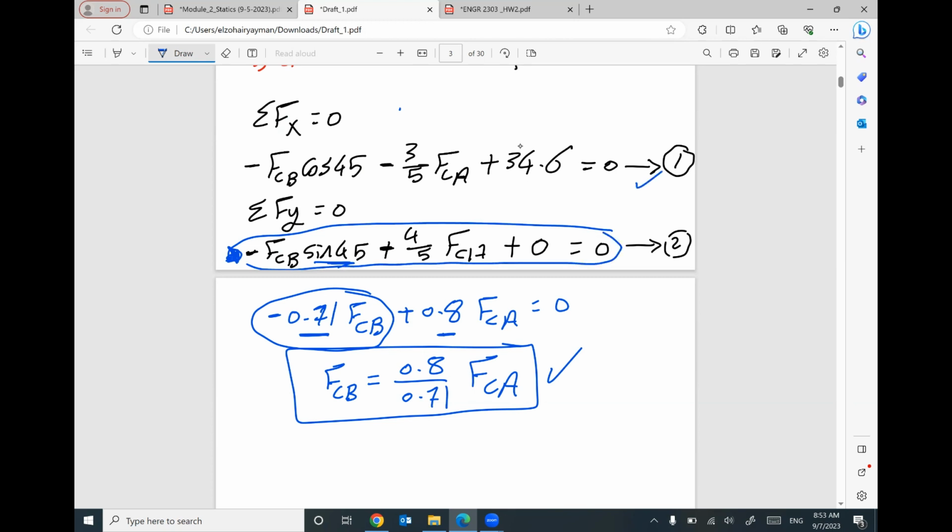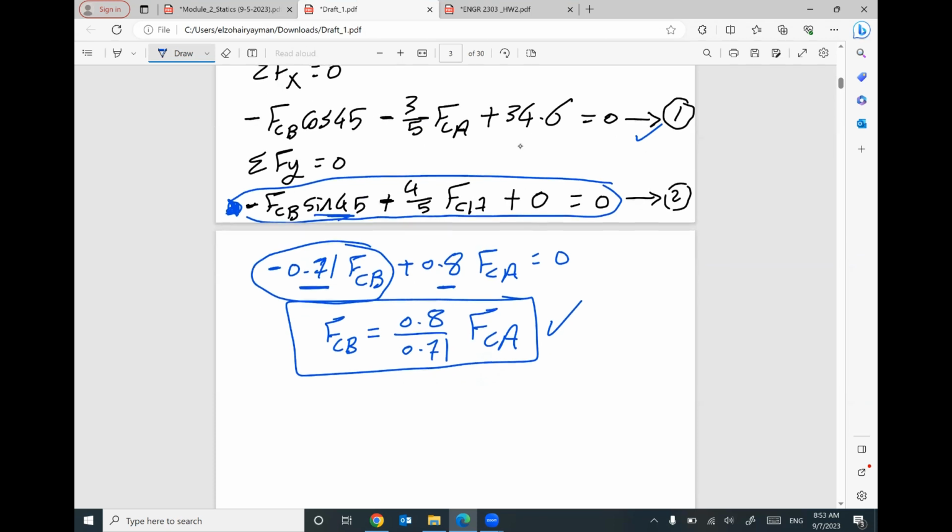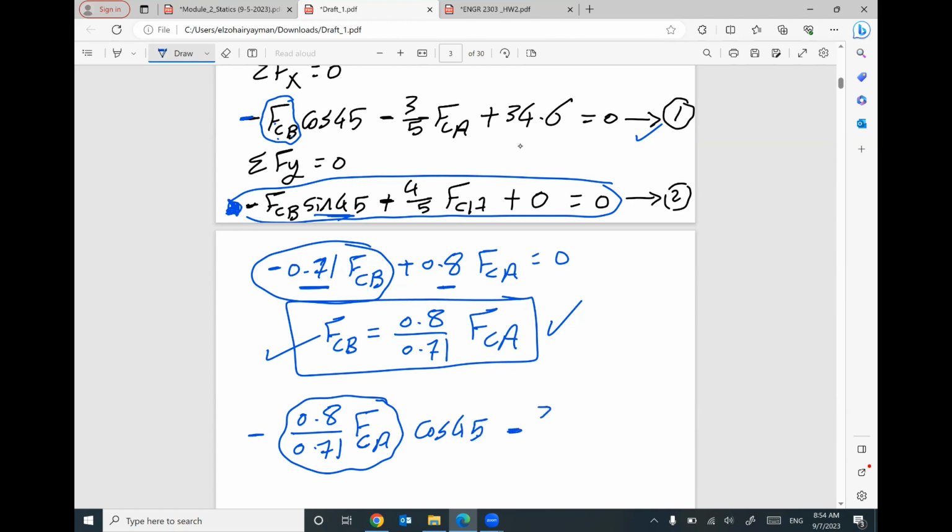Go back to equation number 1. We have negative FCB here. Anybody can tell me what is the value of FCB? I can put 0.8 divided by 0.71 FCA. This expression represents FCB, times cosine 45 degree, minus 3/5 FCA plus 34.6 equals 0.